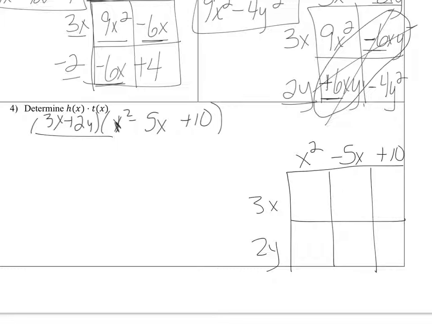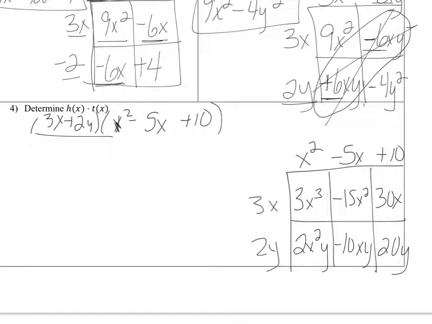And we just multiply each of the pieces together. So x squared times 3x is 3x cubed. Negative 5x times a positive 3x is a negative 15x squared, and so on. 30x, 2x squared y, negative 10xy, and 20y.